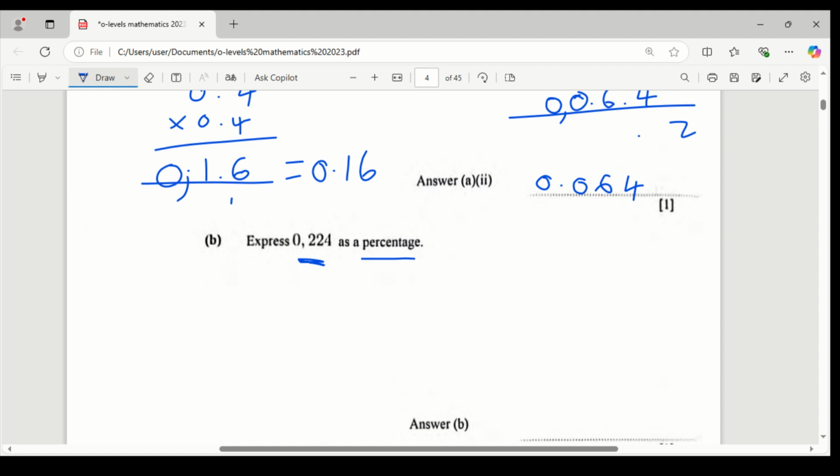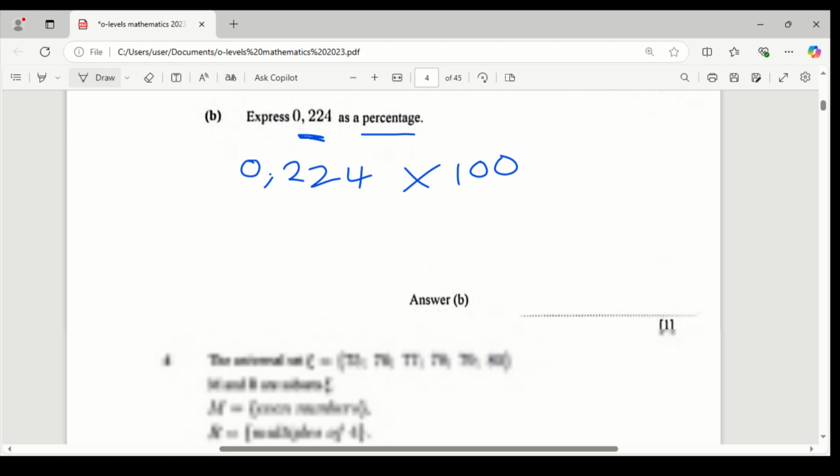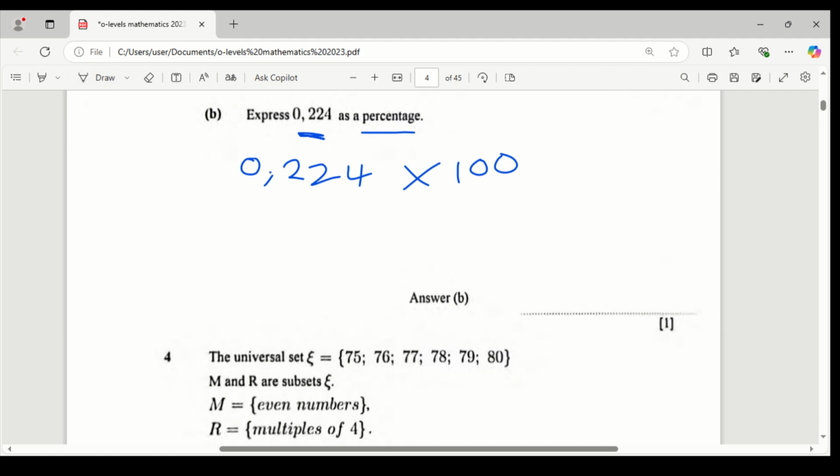Or you can just say the easiest method is to take this decimal number, which is 0.224, and multiply it by 100. That will be the simplest thing to do. Whenever you are multiplying this number by 100, it has got how many zeros? It has got 2 zeros, right?